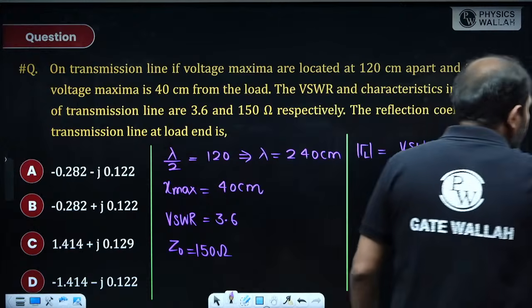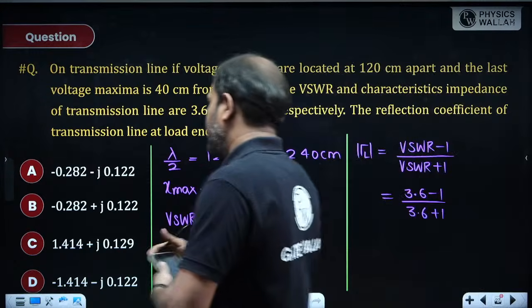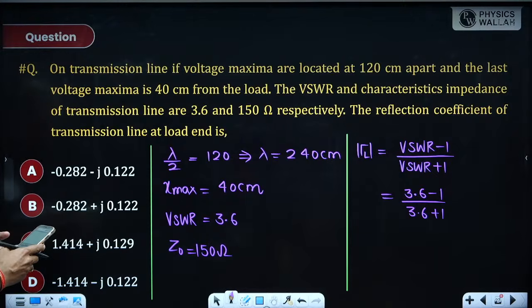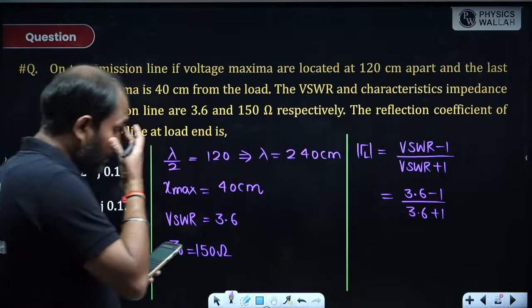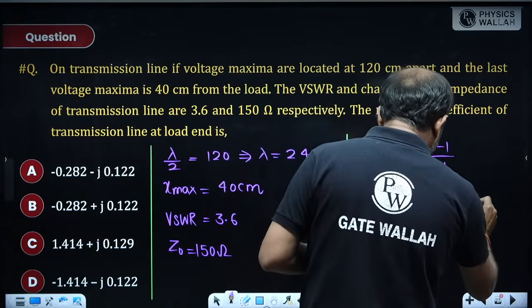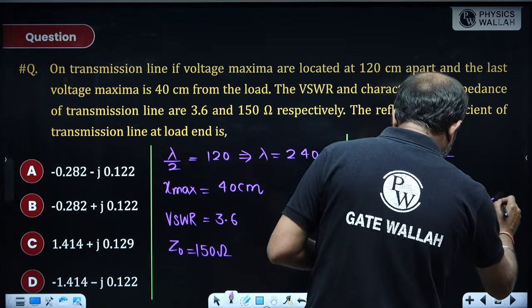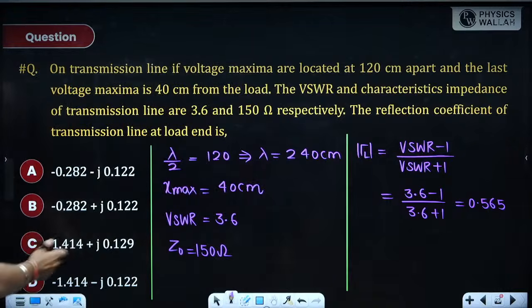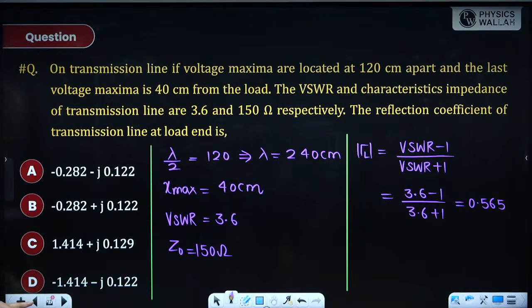How much will it be? 3.6 minus 1 divided by 4.6, it will be 0.565. So take the magnitude and you will get the answer, mod gamma L.